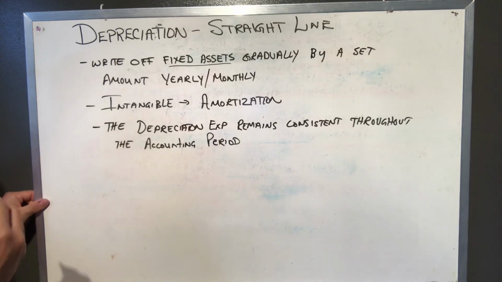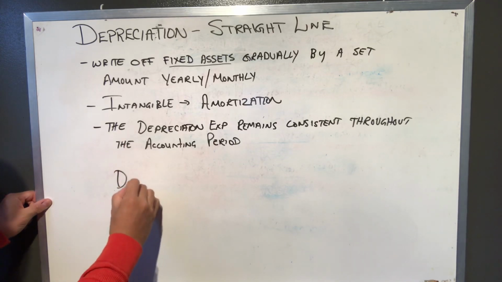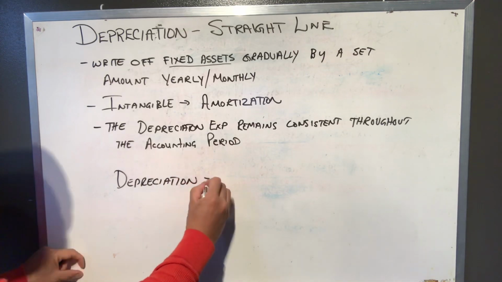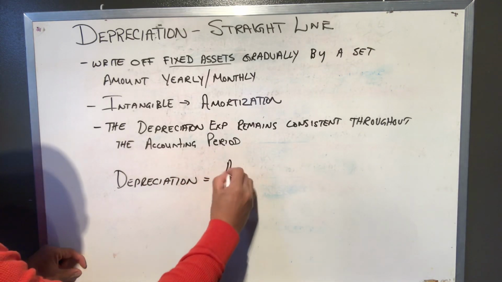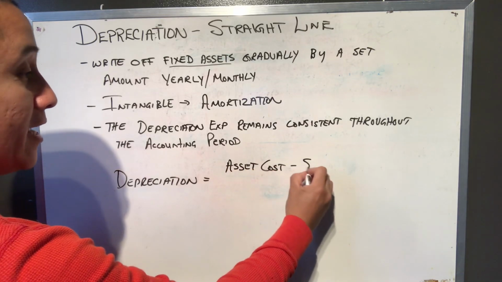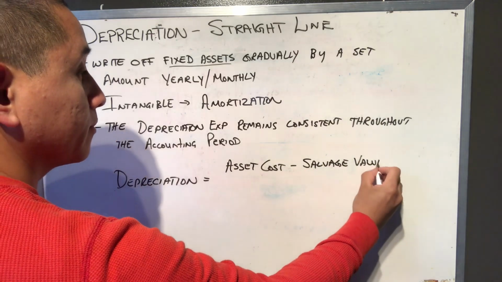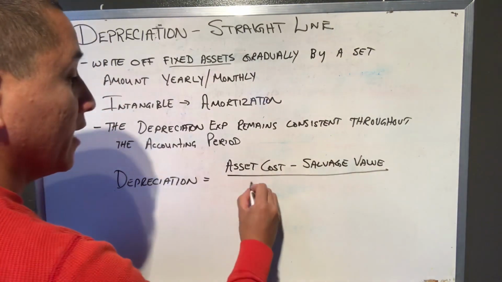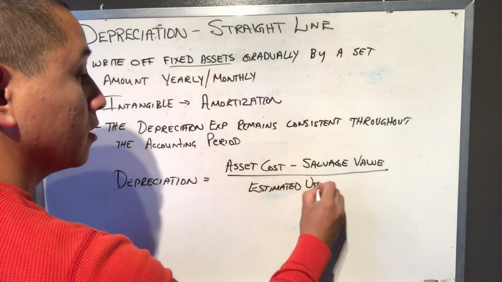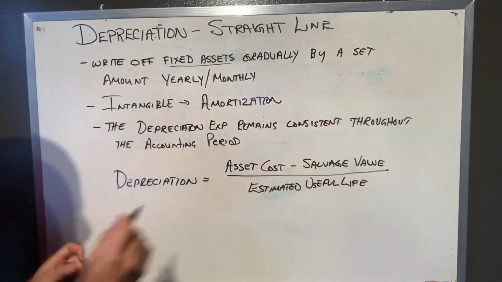So if we look at the formula, depreciation expense is equal to the total asset cost minus an estimated salvage value, all over the estimated useful life of the asset.